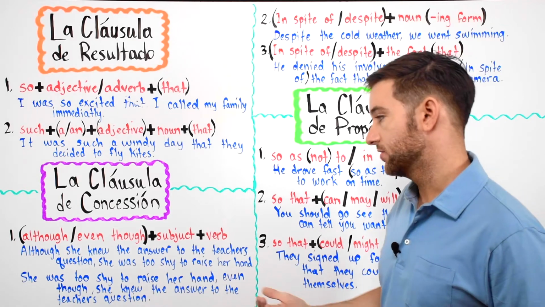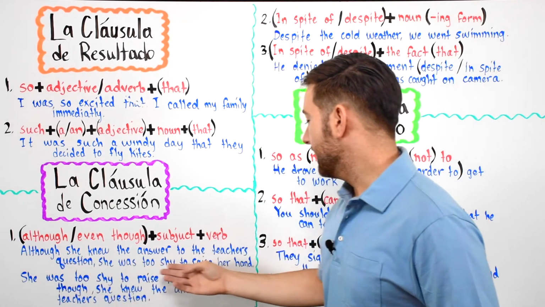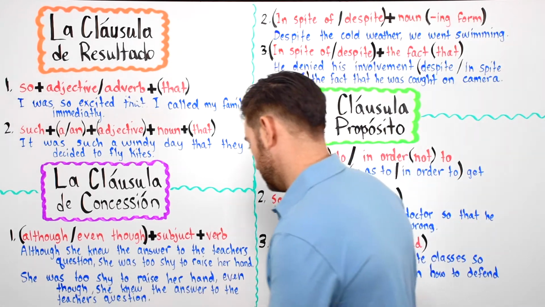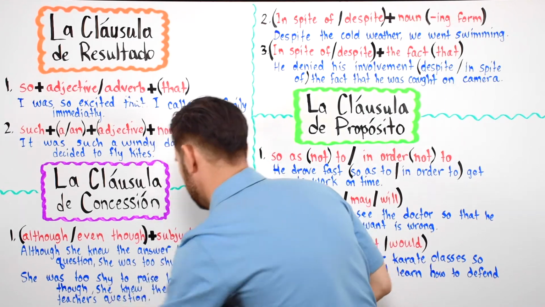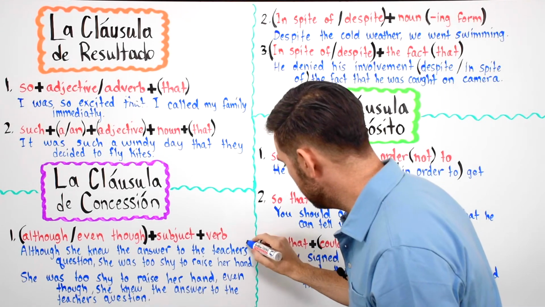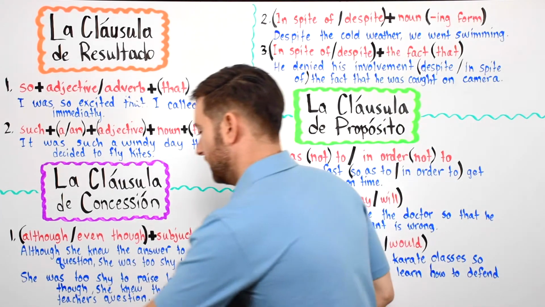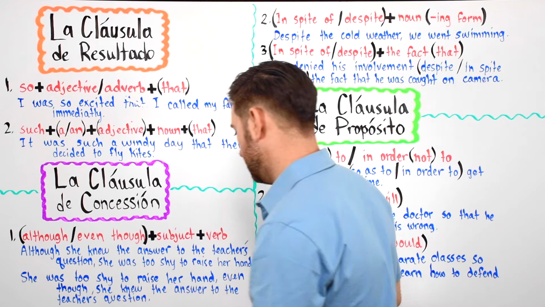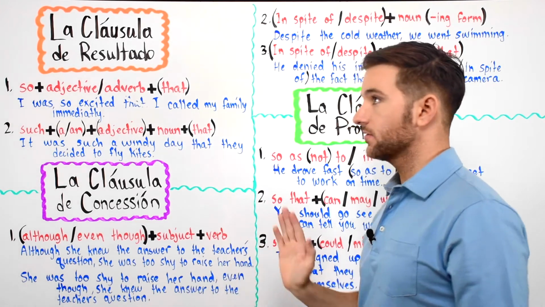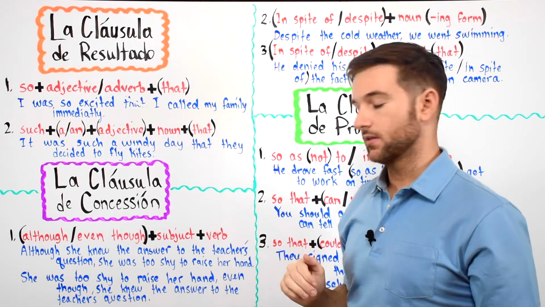All right, so although she knew the answer to the teacher's, we need an apostrophe. Although she knew the answer to the teacher's question, she was too shy to raise her hand. Okay?